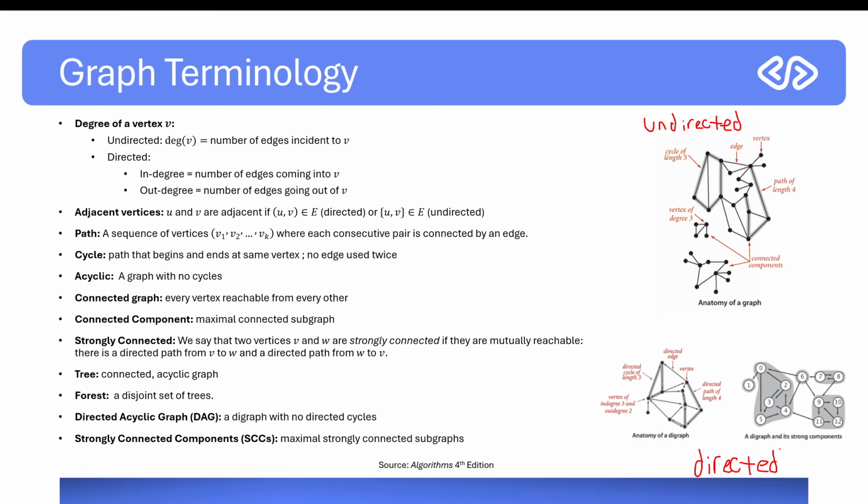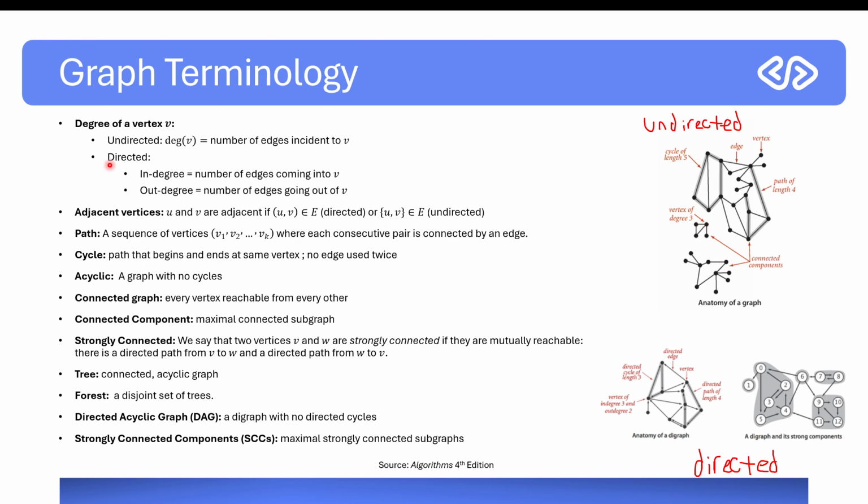The degree of V is going to be how many vertices I can get to from the given vertex. So if we go here, let me get my pointer. This one here is pointing at this one. So the degree of this one would be 3 because there are 3 vertices connecting to this one.